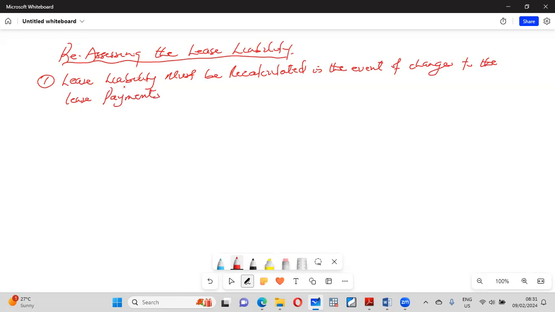So if there is a change in that, then your lease liability must be recalculated in case those lease payments have changed.